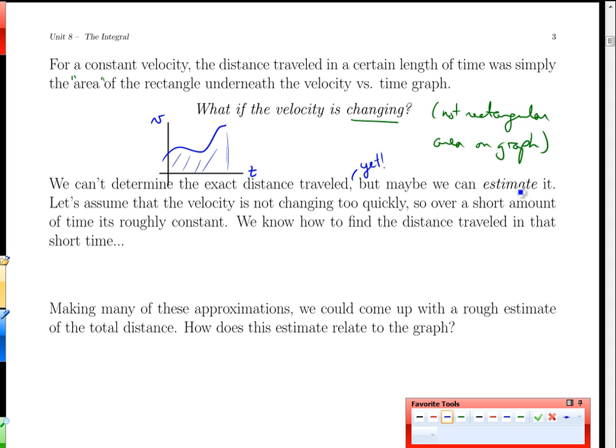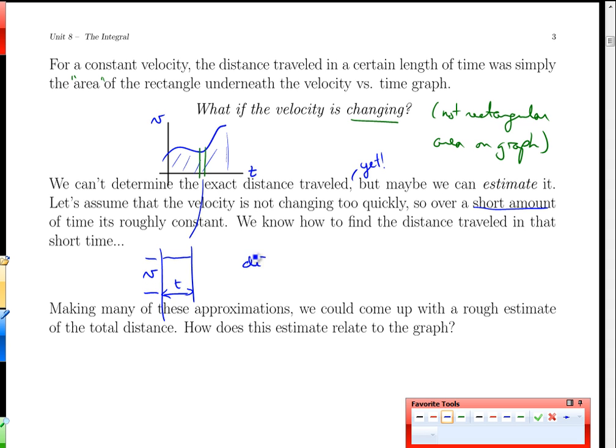So let's sneak up on the real answer. If we assume that the velocity is not changing too quickly, and over a short amount of time it's roughly constant, these themes should sound familiar, we would know how to find the distance traveled. Let's say if we zoomed in on this interval here and brought that out, we would have the curve that stays roughly constant, a time interval, and a roughly constant velocity.